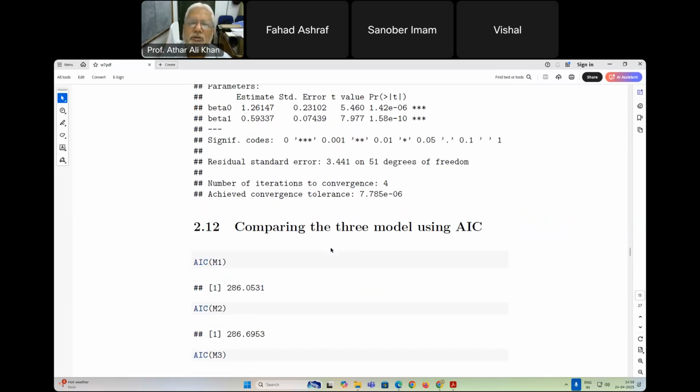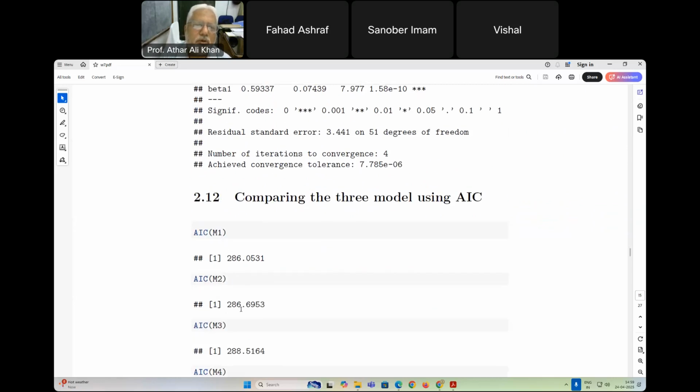Comparing the models using AIC. AIC of M1, the linear model, is 286.05. Then AIC of M2, quadratic, is 286.69. Here the AIC of the linear model is somewhat less than that of quadratic.